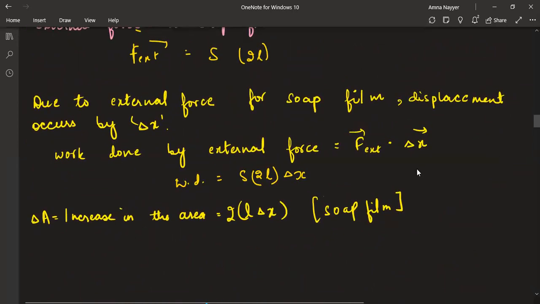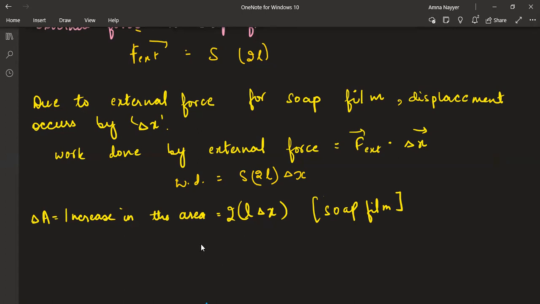So the area will also be 2 into L into delta X. Why? Because we have taken the length as doubled for a soap film. That's the only reason. Understood? So the increase in area is 2L into delta X.